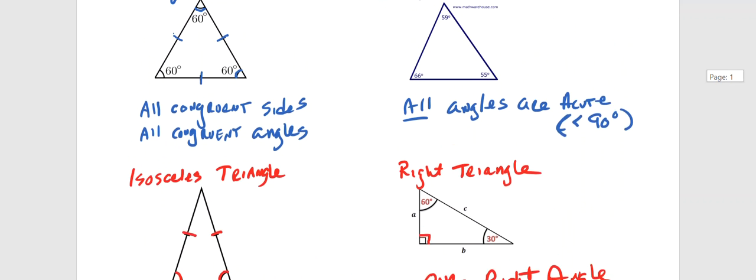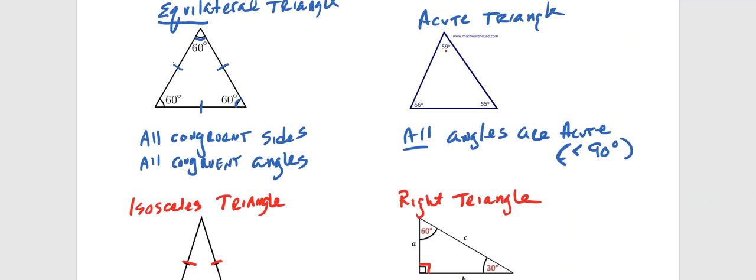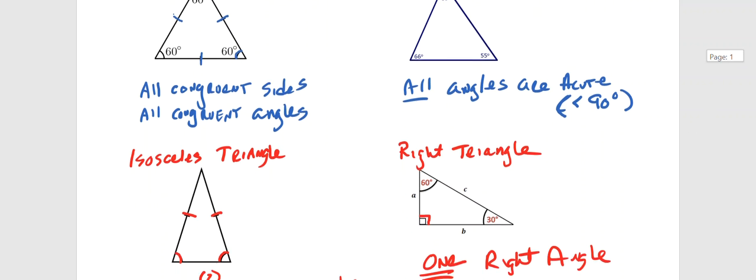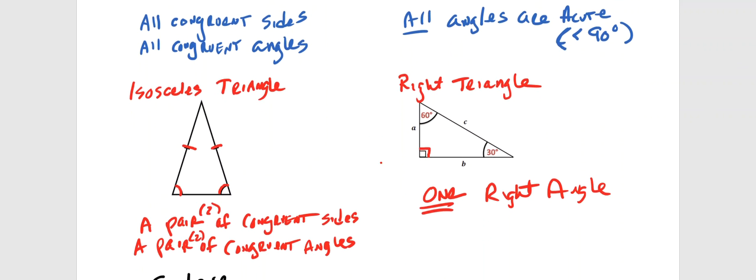If I were to go back up here and add up these three angle measures, 59 plus 66 plus 55, we would get 180 degrees. So if I start out with one of my angles being 90 degrees because it's a right angle, then the remaining two angles have to make up the other 90 degrees. Okay, so that's just an interesting observation to make, and we'll work with that more when we talk about the triangles class.